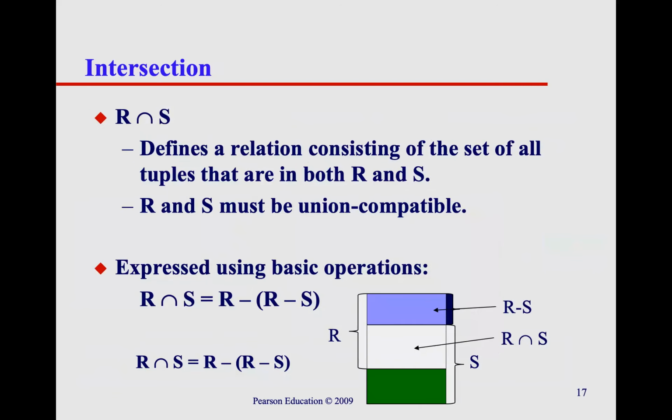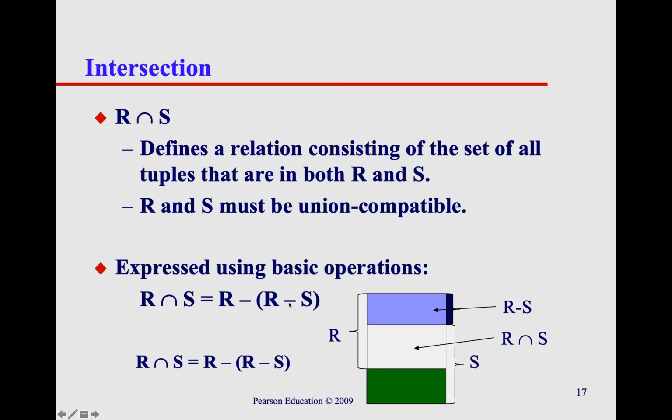Okay, intersection. So we've gone through the 5 basic operations pretty quickly because I think they're pretty intuitive. Actually, we haven't gone through Cartesian product. Here's intersection. And it turns out that we can do intersection using set difference. So it's this expression right here.